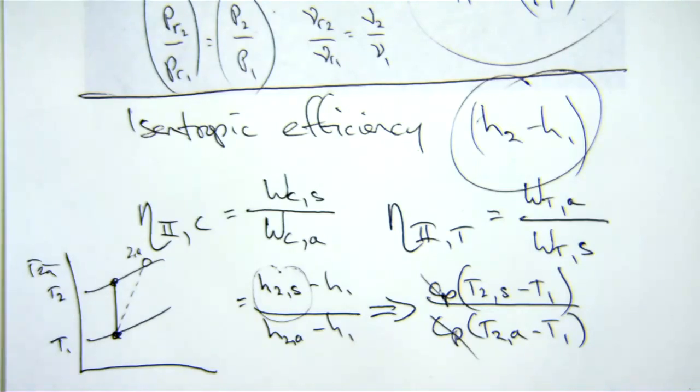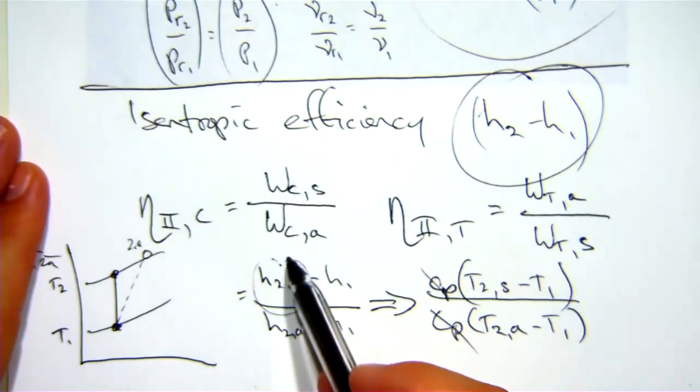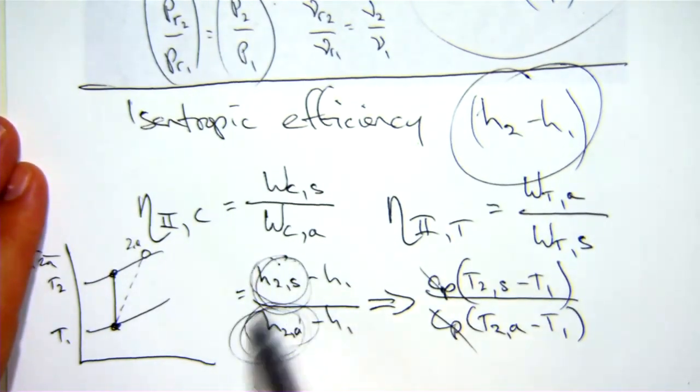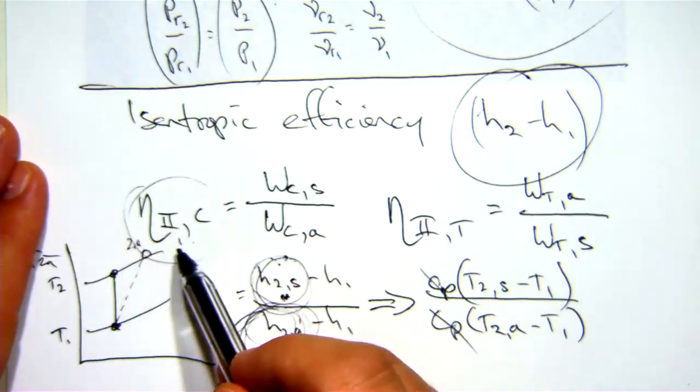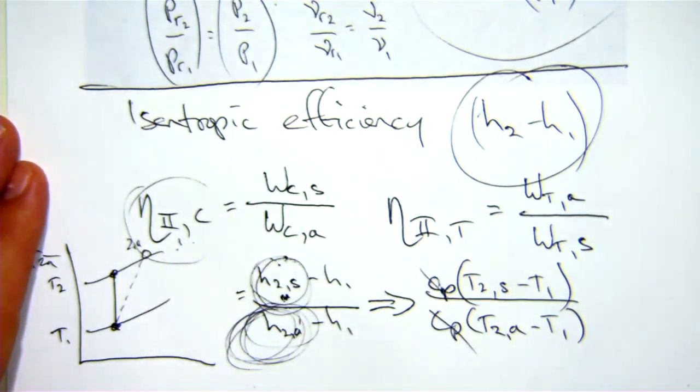So I can use this to solve. I can measure the actual and know my theory well enough to be able to calculate the best possible, and then tell you how efficient my compressor is or not. It could be 90%, 80%, 70%, 60%, whatever.